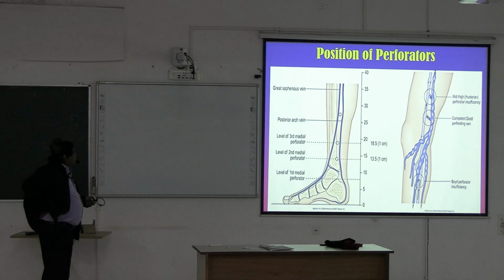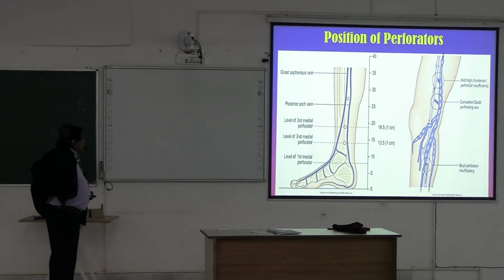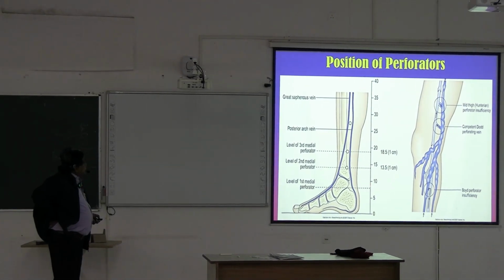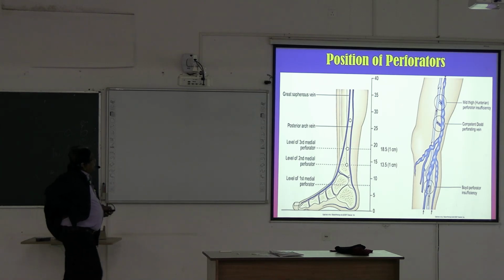This is the great saphenous vein here. Now see the foot is being drained. Level of first perforator is this level. And level of second medial perforator at 13.5 centimeters and level of third medial perforator 18.5 centimeters and posterior arch vein, and this is the great saphenous vein.